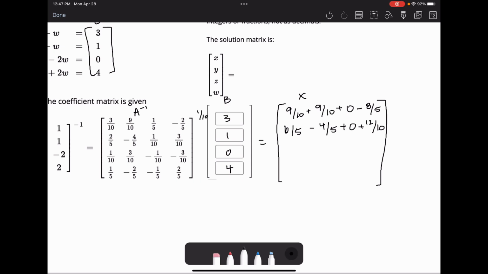So 1/10, 3/10, negative 1/10, negative 3/10. So 3/10 plus 3/10 plus 0, because that third row is 0, and then minus 12/10.